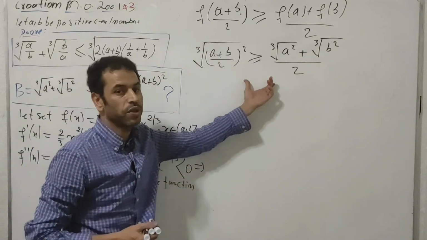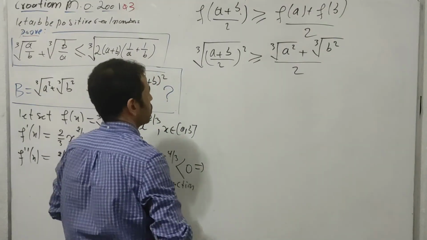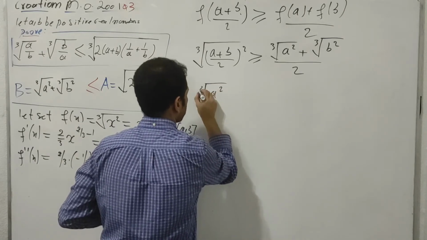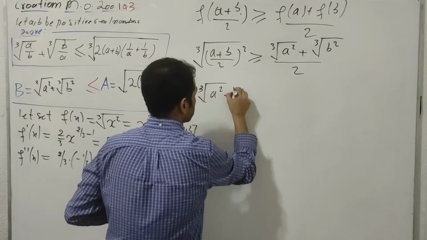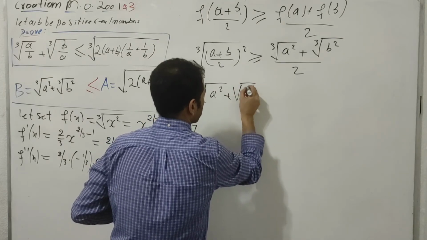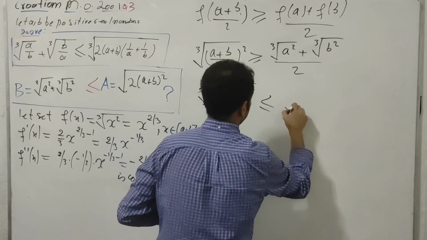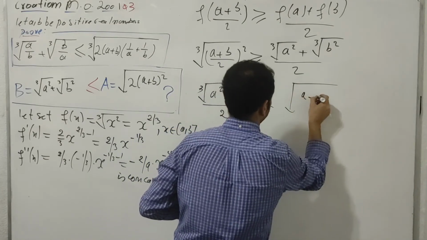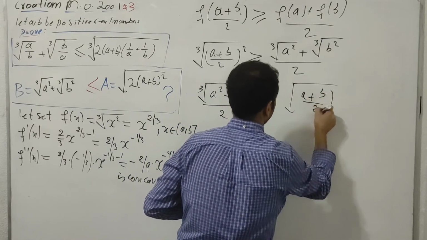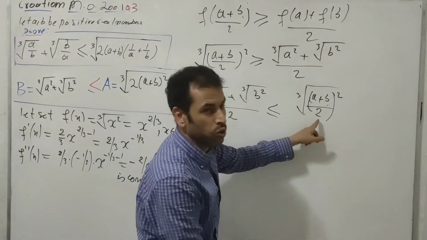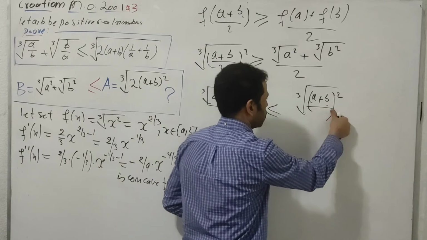Now I'm going to flip this inequality in the other direction. I will have (cube root of a square plus cube root of b square) divided by 2 is less than or equal to cube root of ((a plus b) over 2) quantity square.